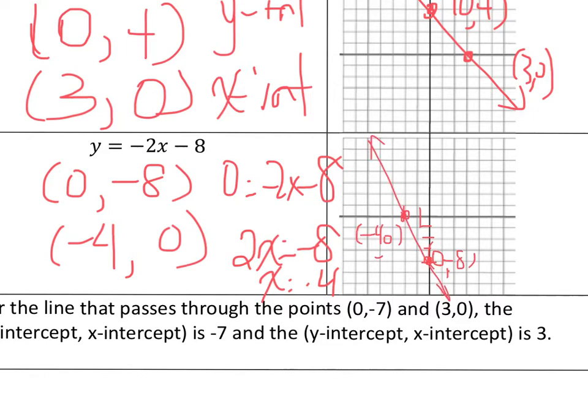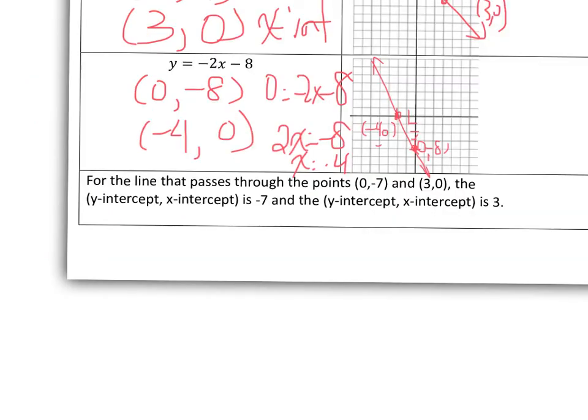Okay, and that's it. Okay, let's review some vocabulary terms. For the line that passes through the points 0, -7, and 3, 0, the y-intercept is -7. This is the y-intercept. And the x-intercept is 3.